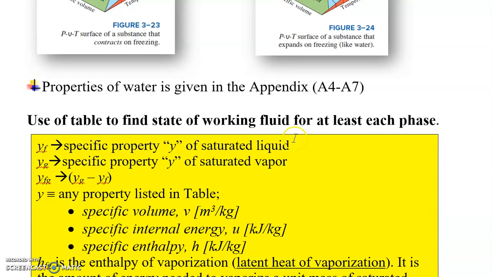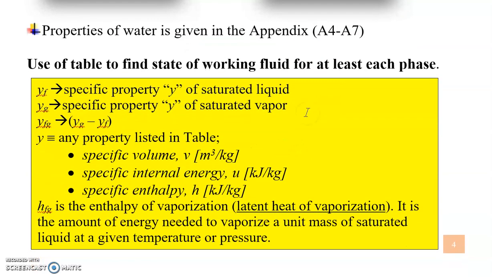Properties of water are given in the appendix. You can check out A4 up to A7. You'll see that anything with the subscript f is a specific property of saturated liquid. Subscript g is saturated vapor. And subscript fg means the value of yg minus yf, y being any property listed in the table.